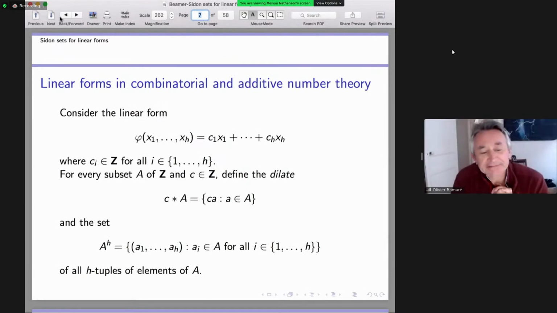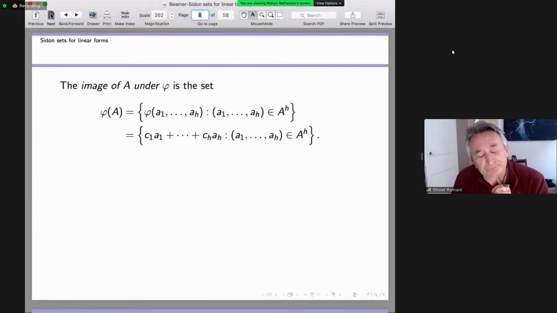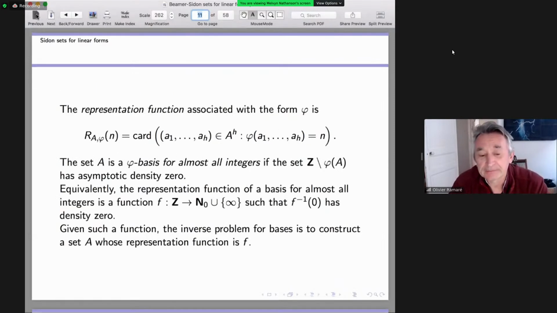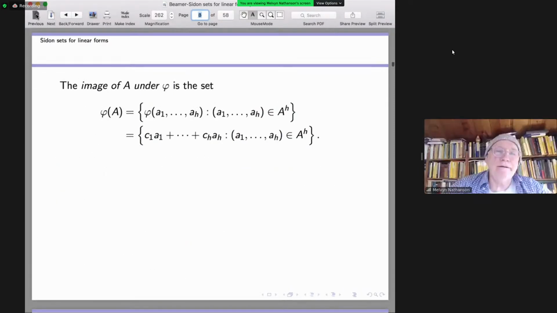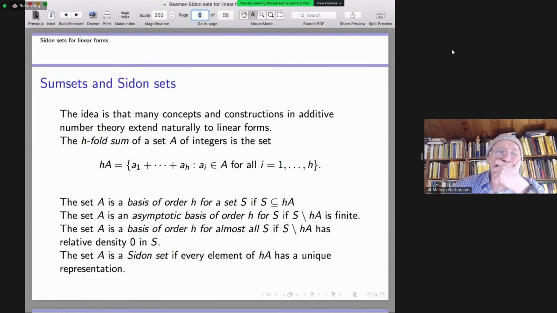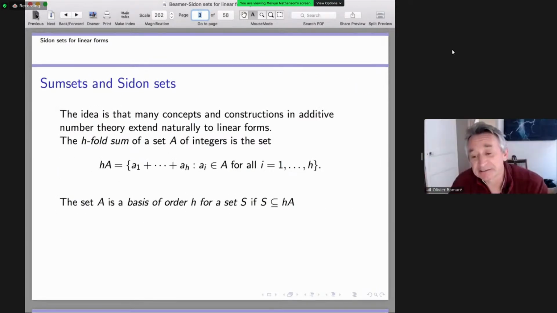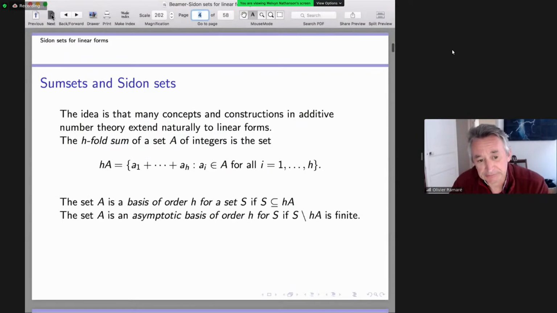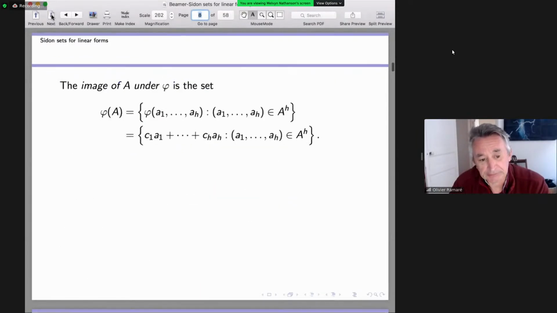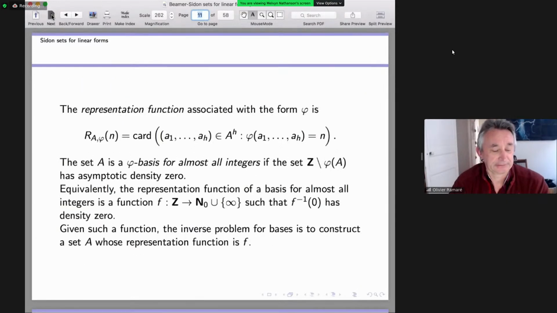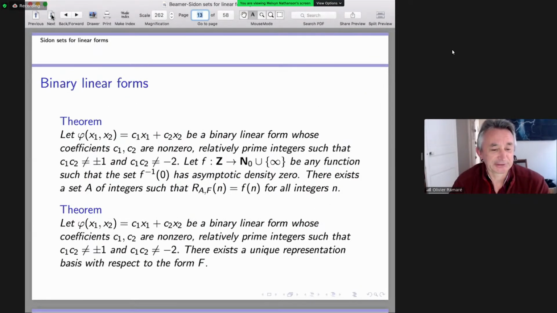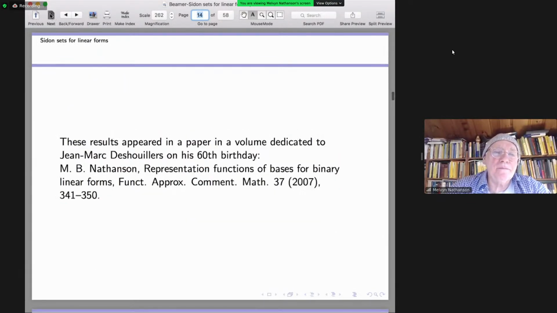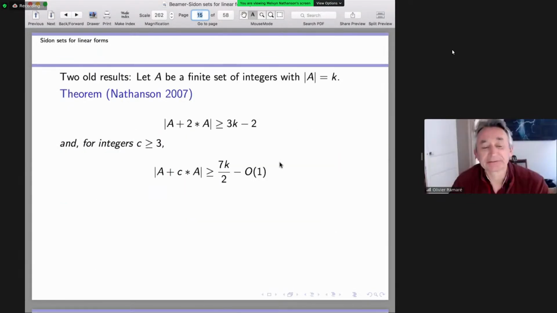Do you know of anything like that in a finite group, Z by NZ? I mean, Kneser's theorem for this kind of stuff. Getting closer. You mean this one? Yes.